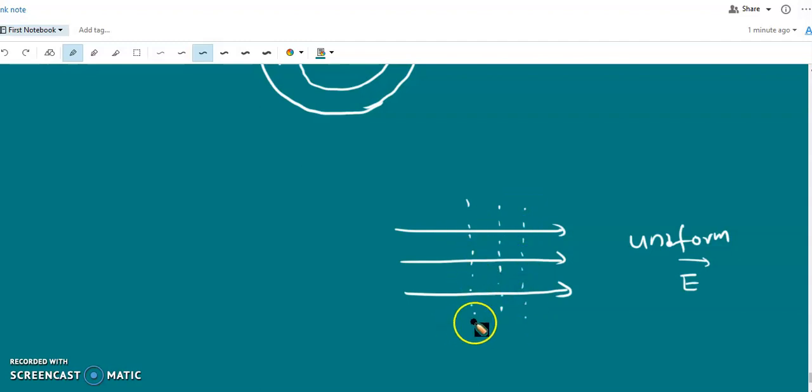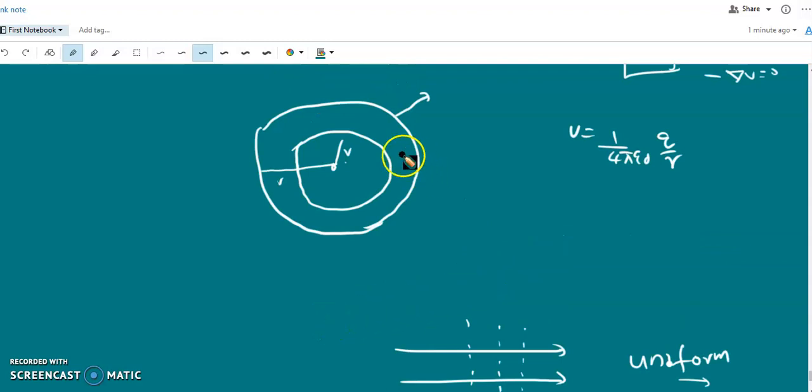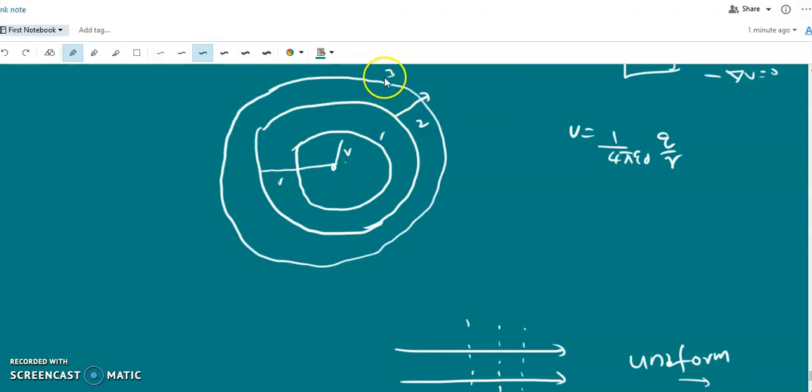On each of them the potential will be a particular constant. So, say A, B, C represent the equipotential surfaces, because the electric field is always normal to these equipotential surfaces. In the case of a sphere, we know we can draw concentric spheres like this, that are all equipotential surfaces: sphere 1, sphere 2, sphere 3, etc. So once equipotential surfaces are known, the direction of the electric field can be easily found.